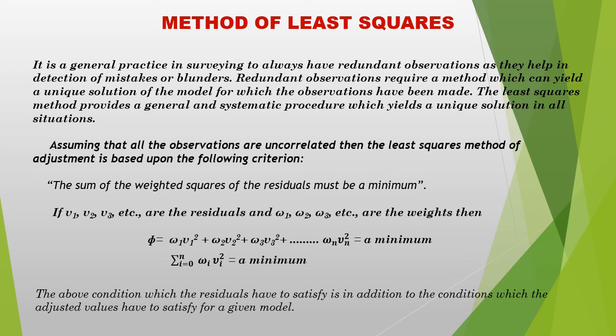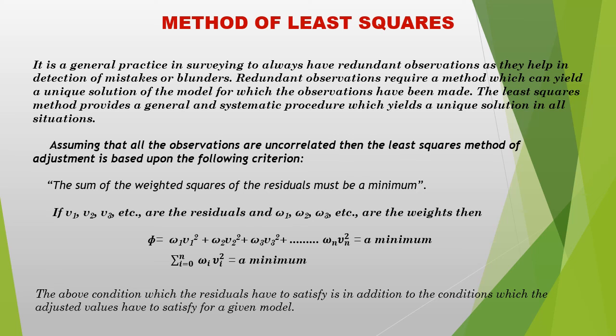Assuming that all the observations are uncorrelated, the least square method of adjustment is based upon the following criterion: the sum of the weighted squares of the residuals must be a minimum. So if V1, V2, V3, etc. are the residuals and omega 1, omega 2, omega 3, etc. are the weights, then phi equals omega 1 V1 squared plus omega 2 V2 squared plus omega 3 V3 squared up to omega n Vn squared must be minimum.